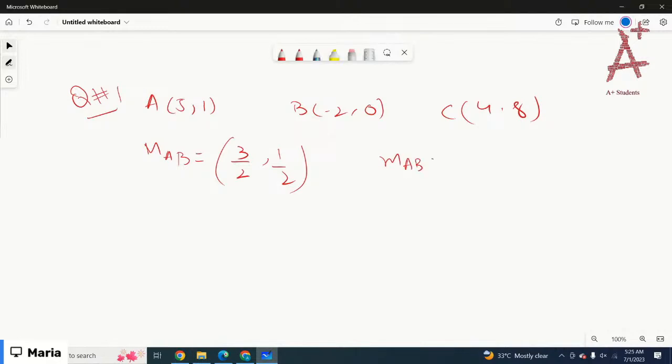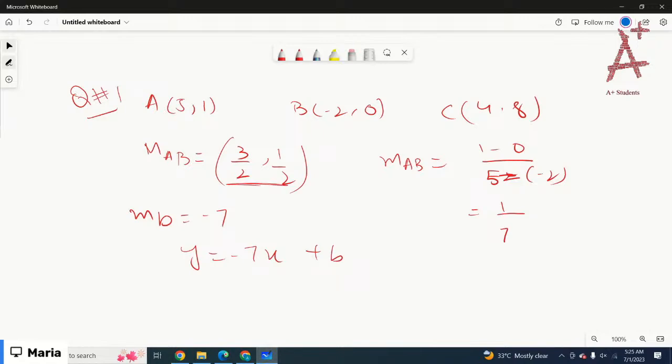Then the slope of AB is (1 minus 0) over (5 minus negative 2), which is 1 over 7. The slope of the bisector is the negative reciprocal of the slope of AB. So the equation is y equals negative 7x plus b.